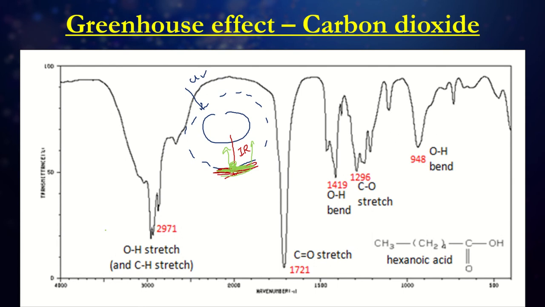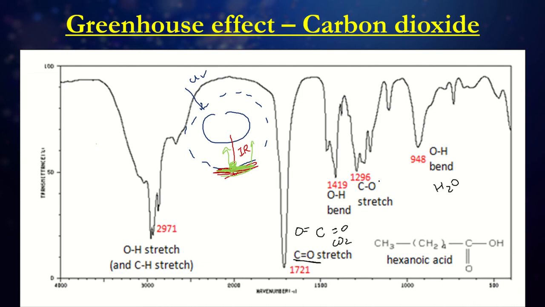If you have a look at the different types of bonds here, you can see the carbon-oxygen double bond, which is the type of bond you would see for CO2. You have the oxygen-hydrogen bond, which is prevalent for water.